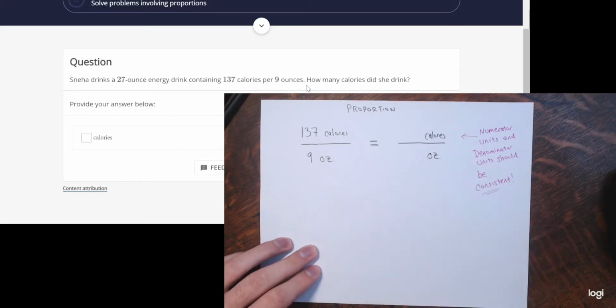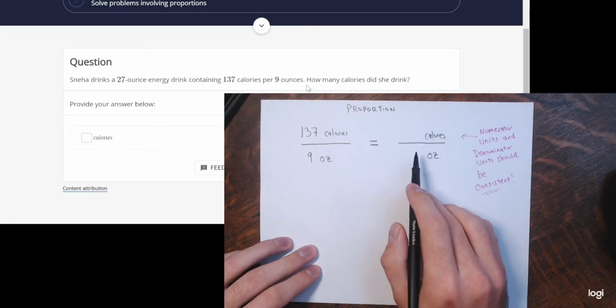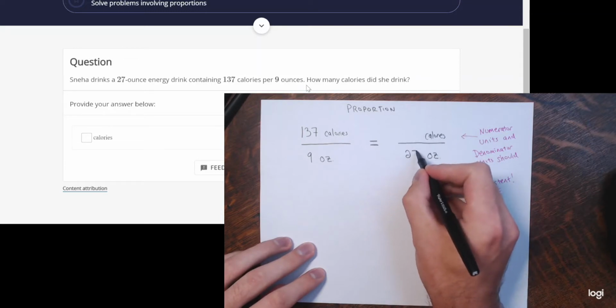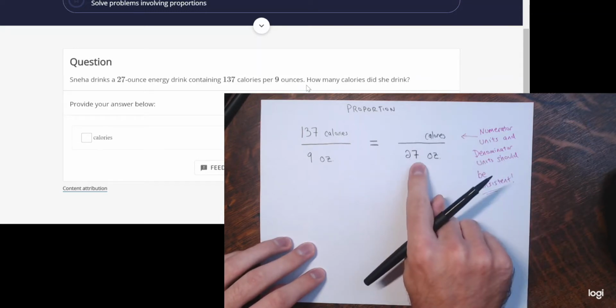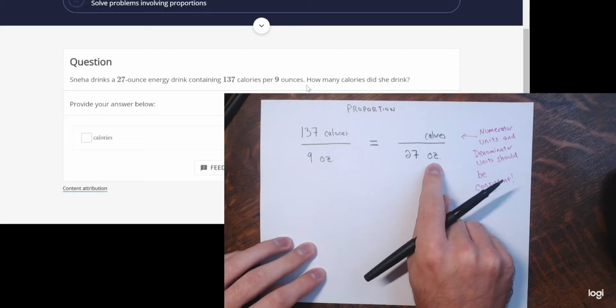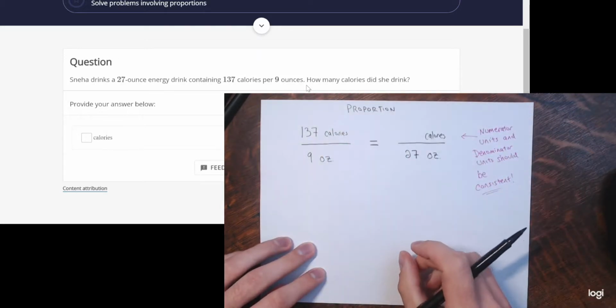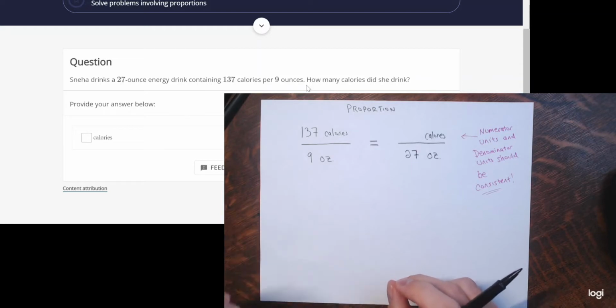Right. And then reading back through it, it says that Sneha drank a 27-ounce energy drink. So that's going to go in the denominator with the ounces. Right? Again, you could flip them over if you want, but just be careful. Just pay attention. Make sure your numerator units are the same and the denominator units are the same.